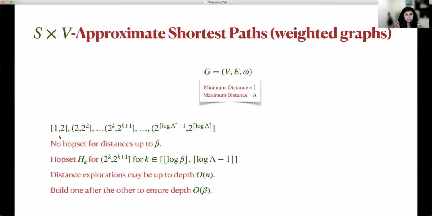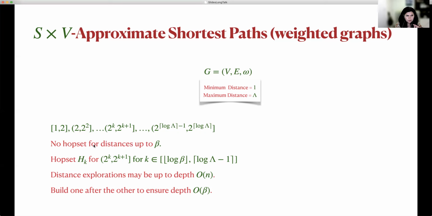So we divide the range of distances into sub-ranges on a geometric scale: 1 to 2, 2 to 2 square, and so on, up to 2 to the log of lambda minus 1 to 2 to the log of lambda. Notice that for each of these distance subranges, we build a separate hop set using superclustering and interconnection.